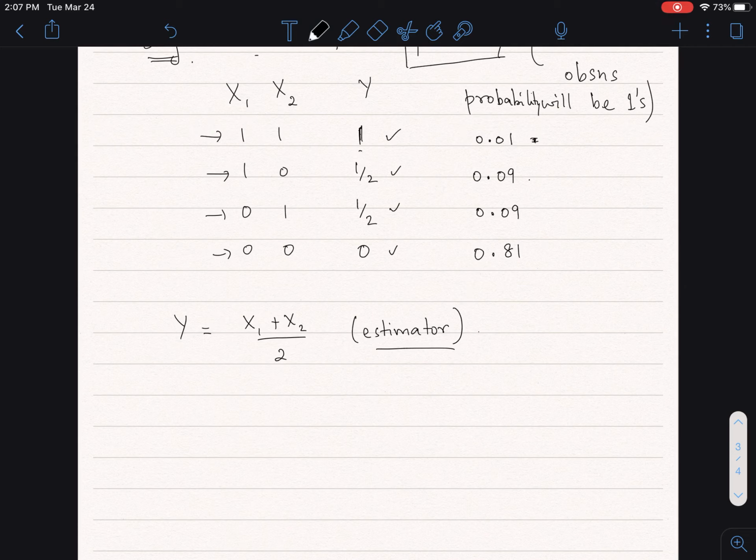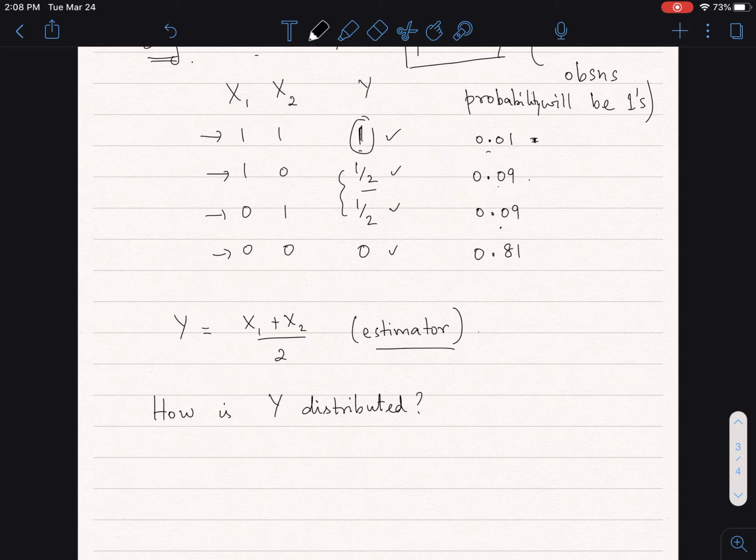So if I ask you how y is distributed, this is actually a simple question. y will be 1 with this probability, y will be a half with probability 0.09 plus 0.09 because these are both half.